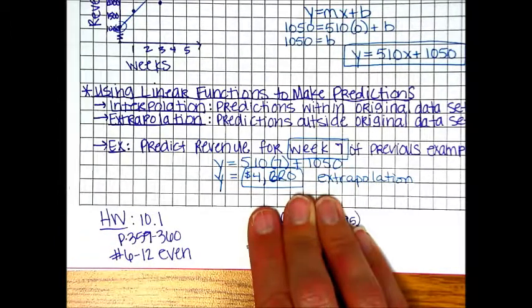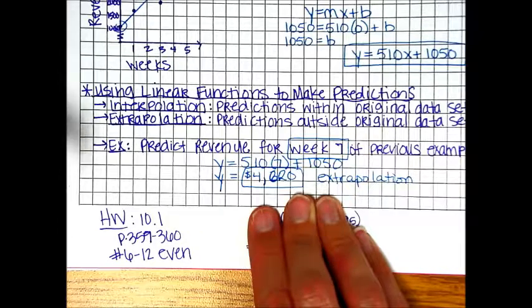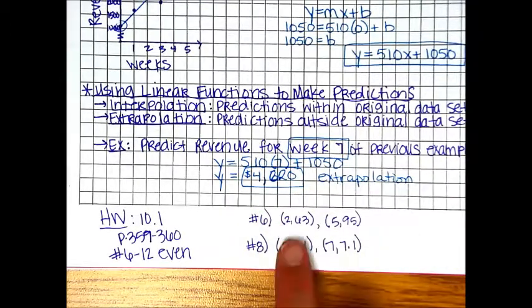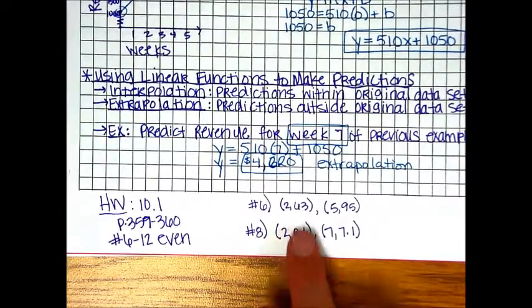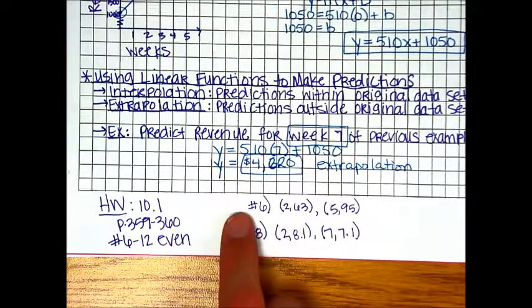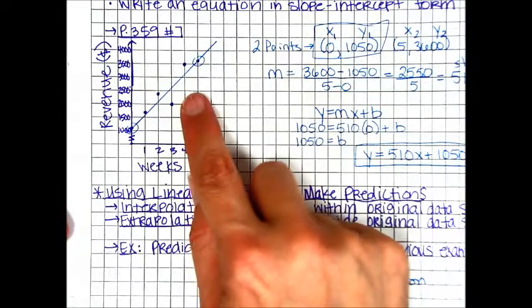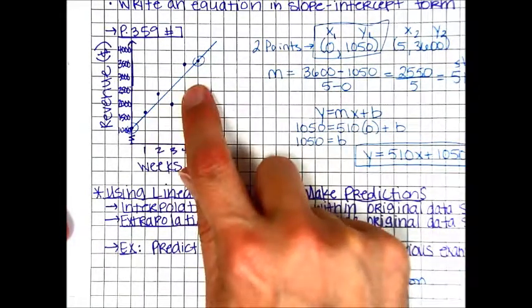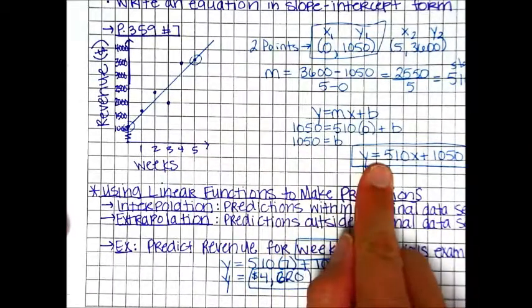Okay, what I want to talk to you guys about is we're going to look at the ones in the book real quick and look at how you would set that up. What we're going to need to agree upon, if you want to write this down at the bottom of your notes, and we can also take a look on your homework paper, is that just like we talked about here, had we not been doing this together, we might have all chosen 2 different points to draw the line through, which means we would all get very different equations.